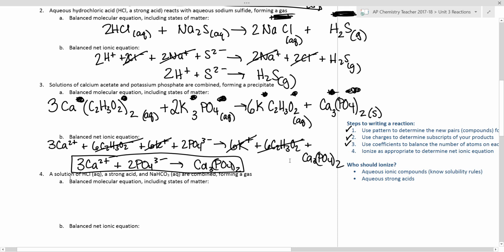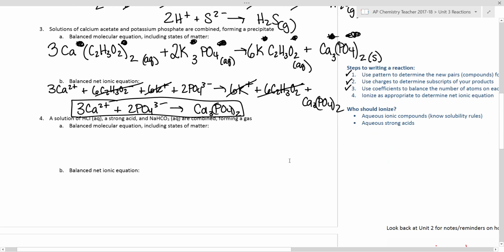So let's go through and do another one. I've got a solution of a strong acid and I've got sodium bicarbonate combining. So HCl right here, strong acid, and it looks like they give me the chemical equations already, so that's easy. So my next step is I'm going to use my pattern to figure out who the new pairings are.